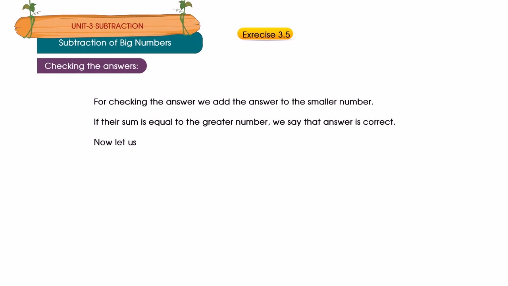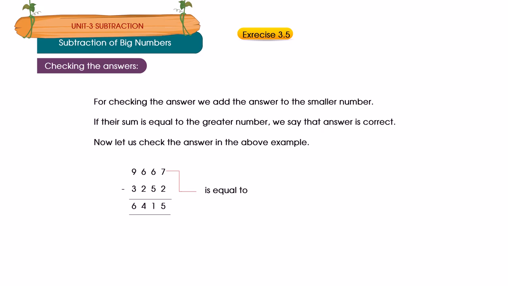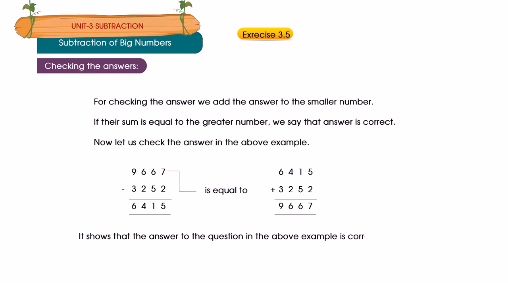Now let us check the answer in the above example. 9667 minus 3252 is equal to 6415. 6415 plus 3252 is equal to 9667. It shows that the answer to the question in the above example is correct.